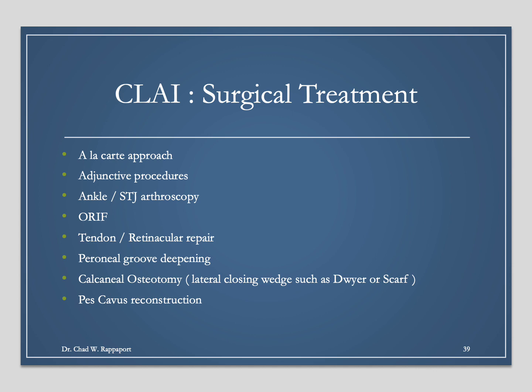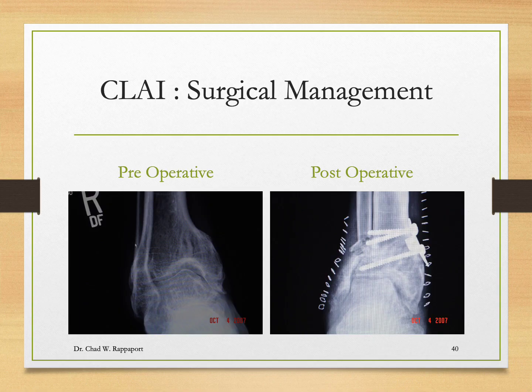These may include an ankle or subtalar joint arthroscopy, an ORIF of a fifth metatarsal, tendon and retinacular repairs, peroneal groove deepening, calcaneal osteotomies, repair or restoration of osteochondral lesions, to a full pes cavus reconstruction. This is the patient shown previously who has a supramalleolar deformity within the tibia with an underlying congruent ankle joint that was treated with a supramalleolar osteotomy.